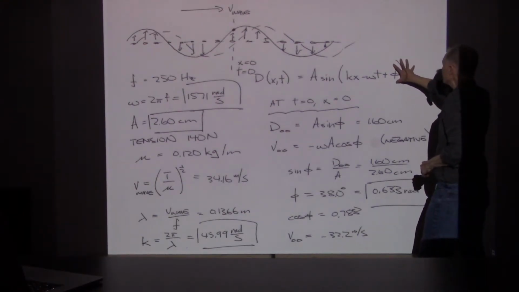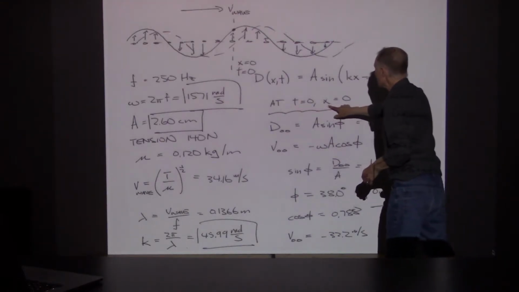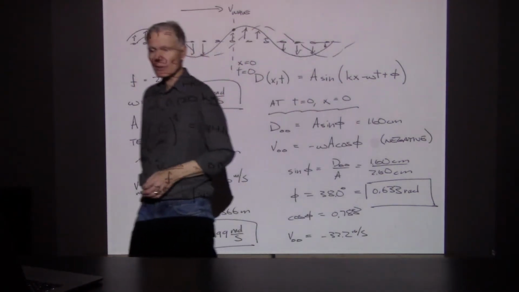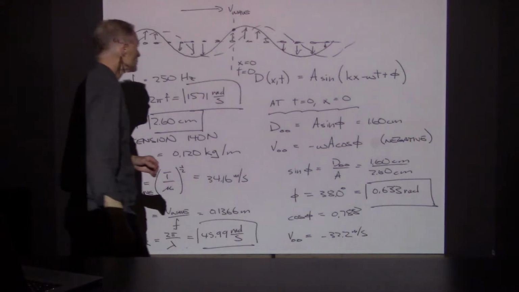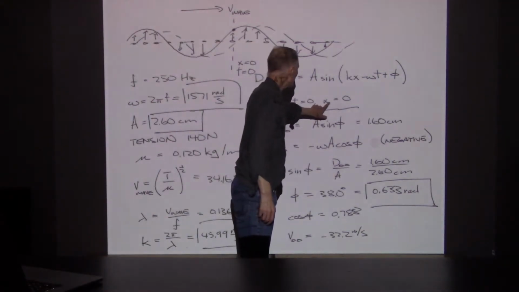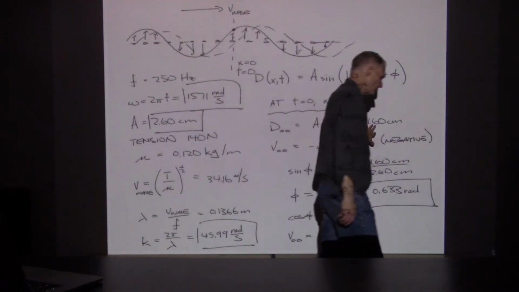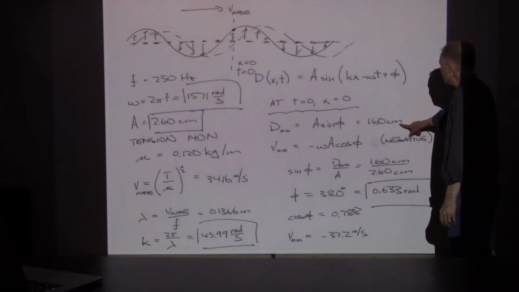And that phase angle, or phase constant, we can determine by looking at the initial conditions that they gave us. They told us that at t equals 0 and at the location x equals 0, the initial displacement is 1.60 centimeters.